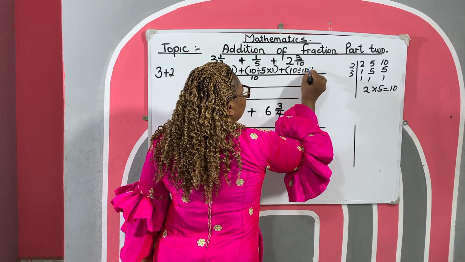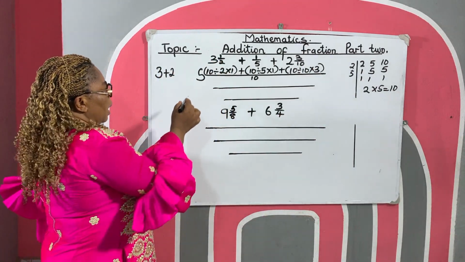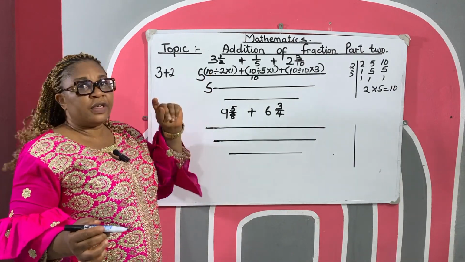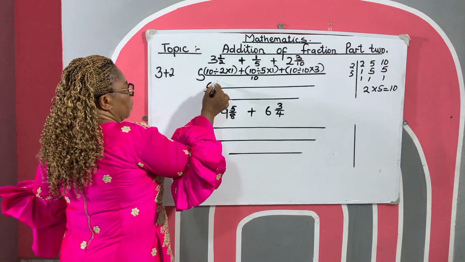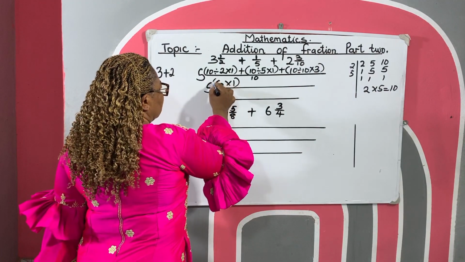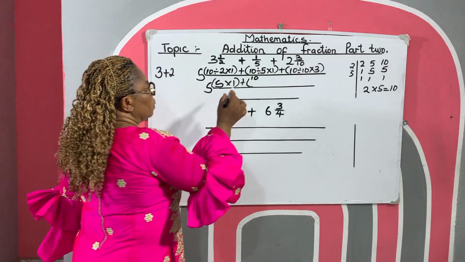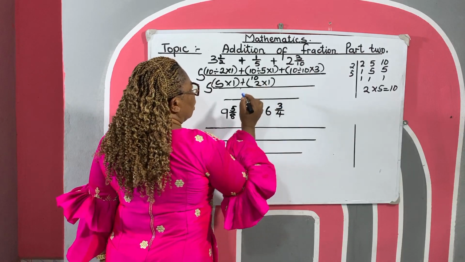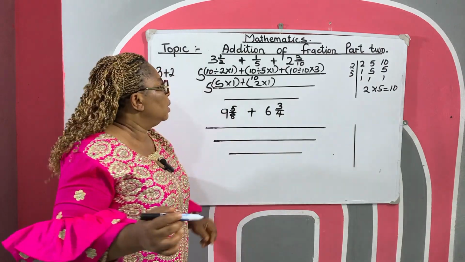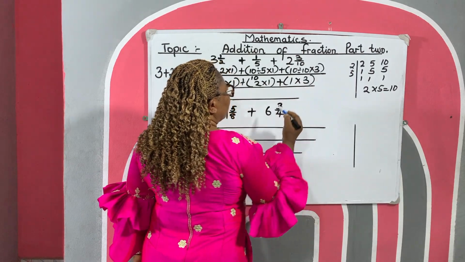And the whole number comes again. 10 divided by 2 will give you 5, times 1. 10 divided by 5 will give you 2, times 1. 10 divided by itself: any number dividing itself is 1. So 10 divided by itself will give you 1, times 3.